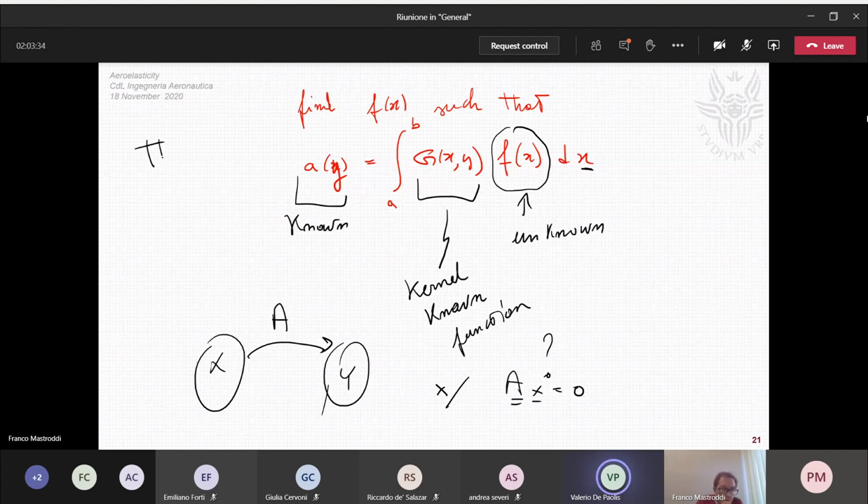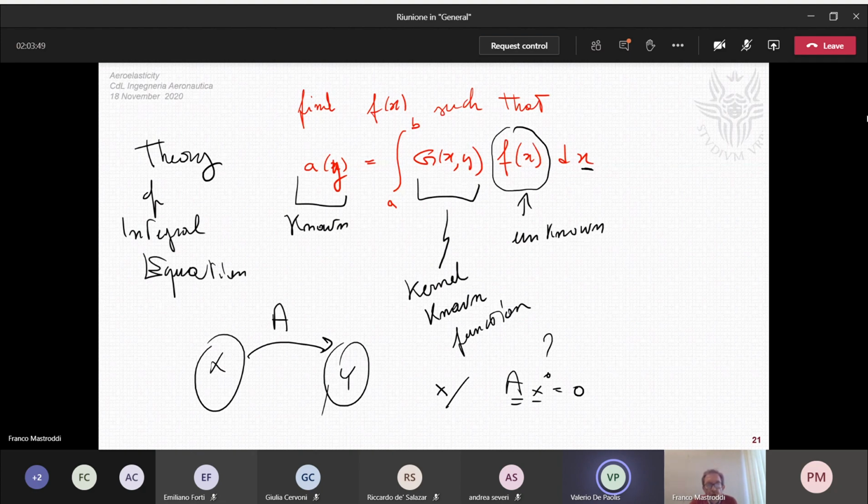There is a general theory of integral equation. In that theory, the kernel is this function here. A kernel function is the Green function for the source solution.